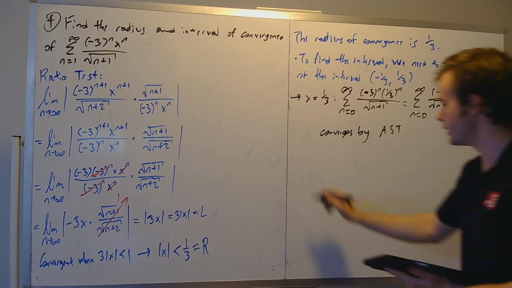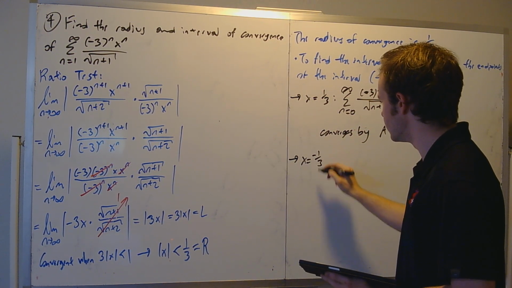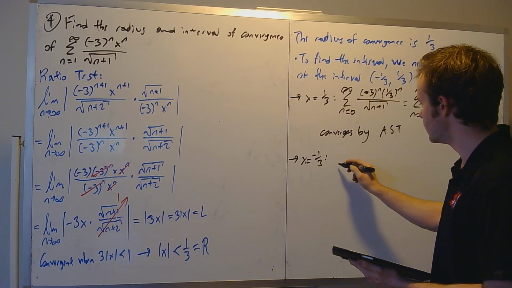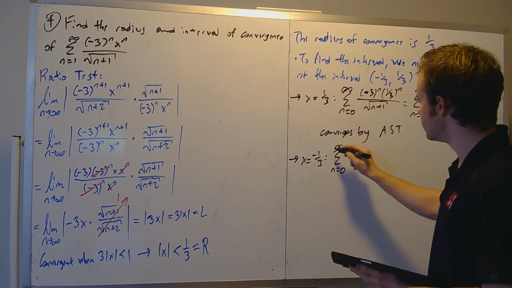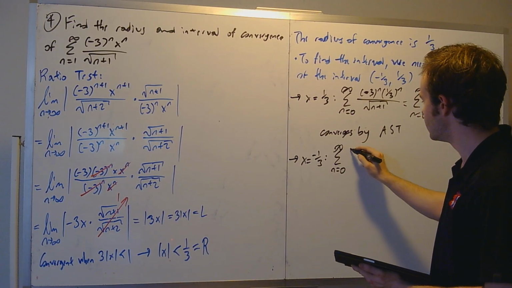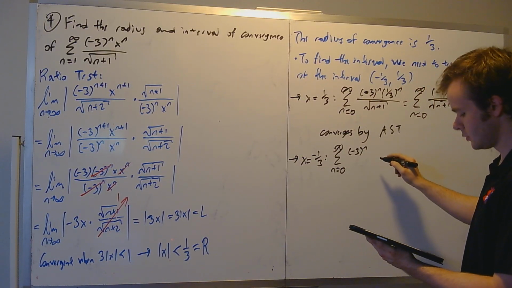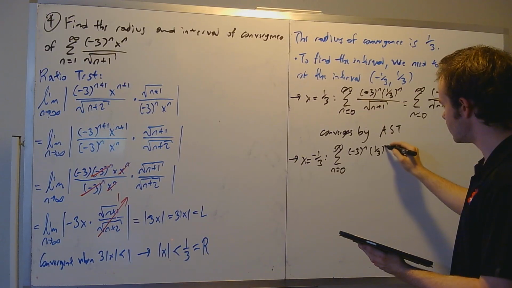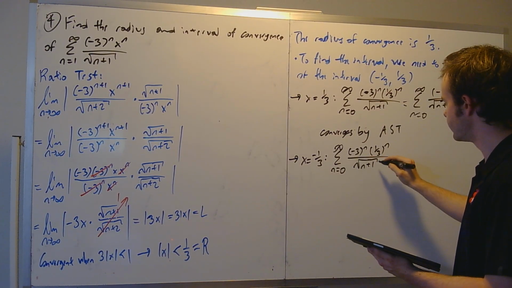Okay, and the last thing we need to check is for x equals -1/3. So if we plug that in, then we're going to get the sum from n equals 0 to infinity of -3 to the power of n times 1/3 to the power of n over the square root of n plus 1.